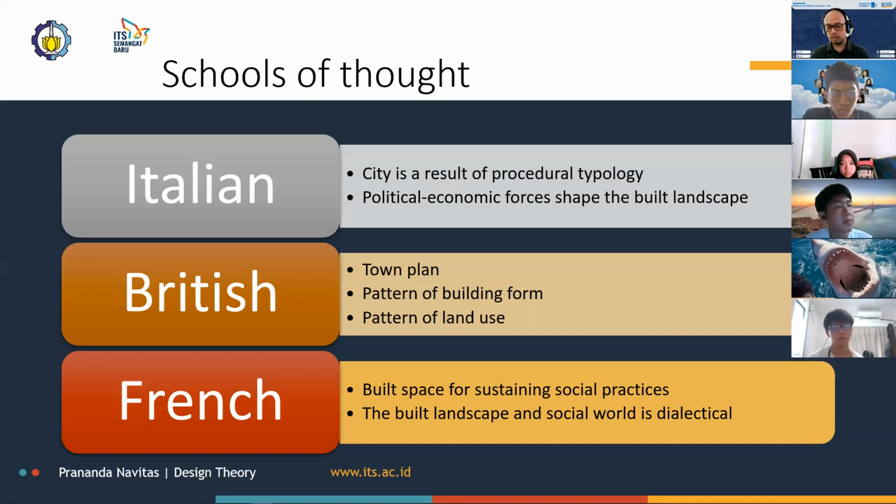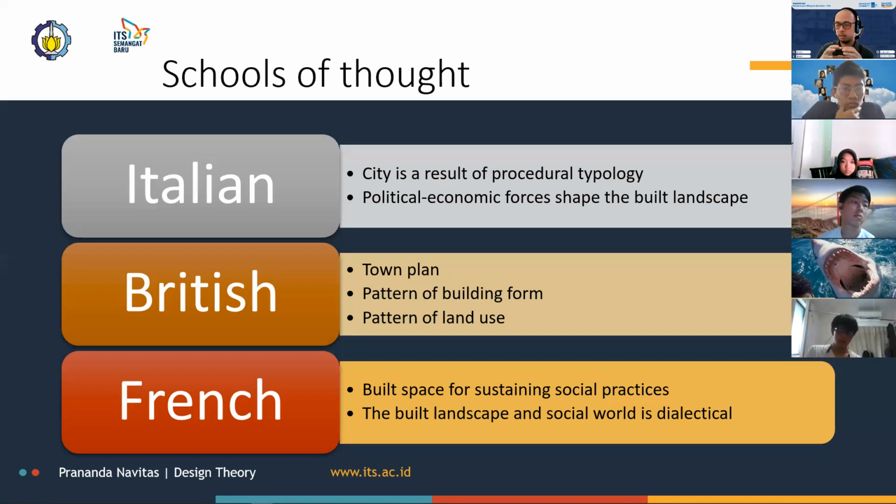And then the French school of thought, they look at the built landscape or the city as a dialogue between social activities and the physical environment, which acts as a container of these activities.